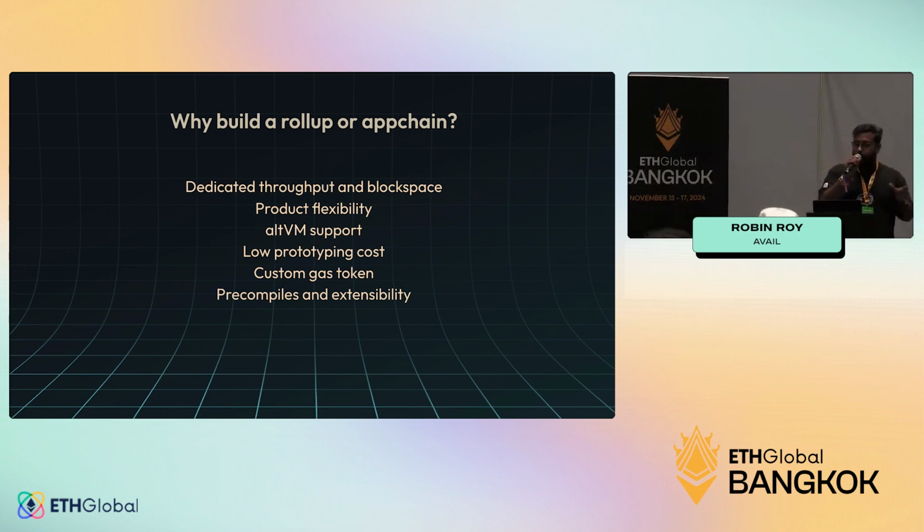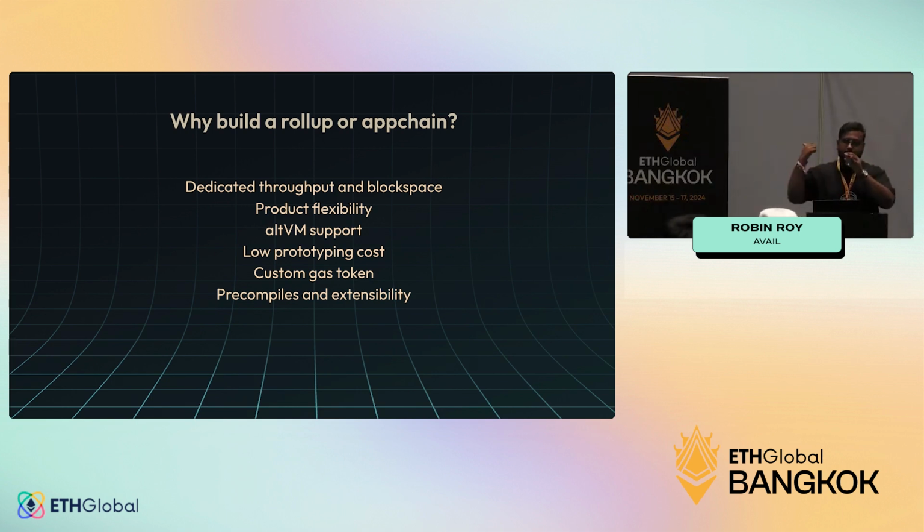The primary way in which you would build on Avail is by building a rollup or an app chain. So why do you want to do that, right? A couple of reasons are dedicated throughput and block space. You might already be familiar with this: if you are deploying your smart contracts on Sepolia or Holesky or any testnet out there, the problem is that you are sharing resources with maybe millions of other users.